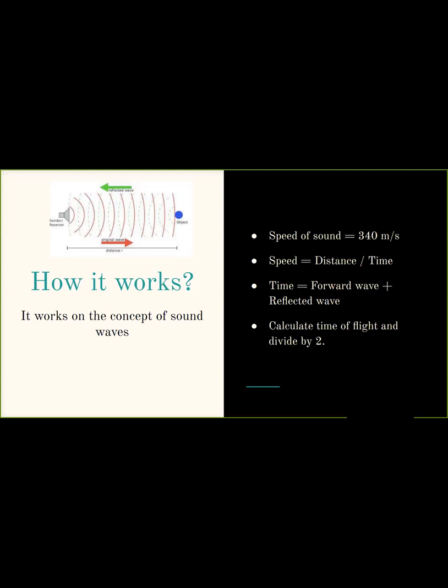For a distance 2r to be traveled with a speed of 340 meters per second, I calculated time using my Arduino. Suppose I evaluated the time as 5 seconds, and this is 340 meters per second. Using this, I can evaluate the value of r.